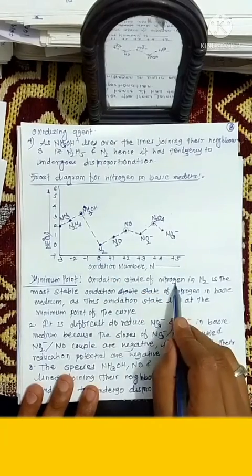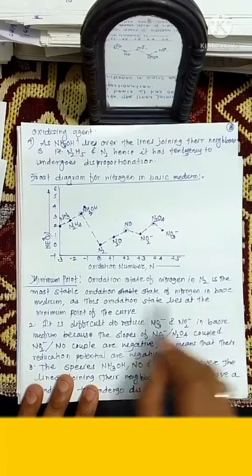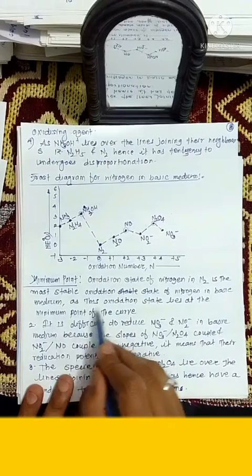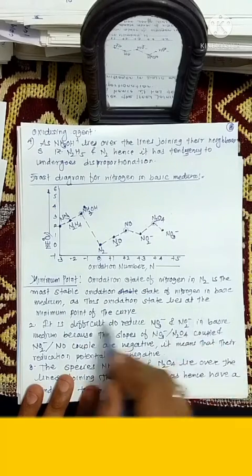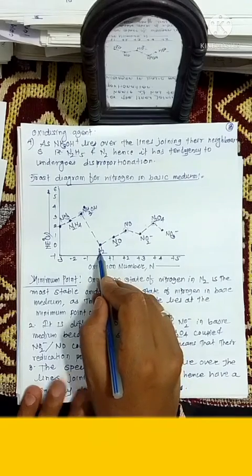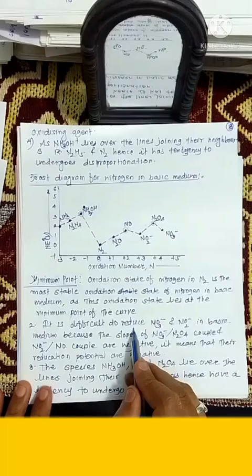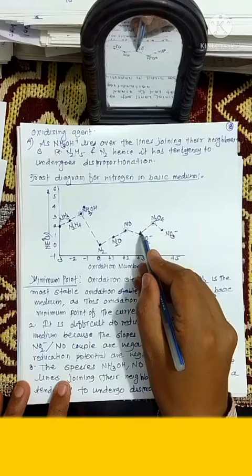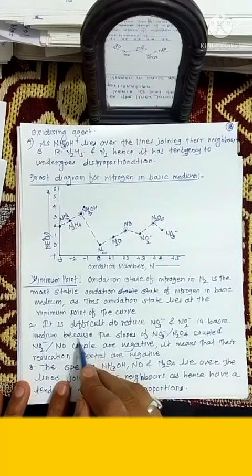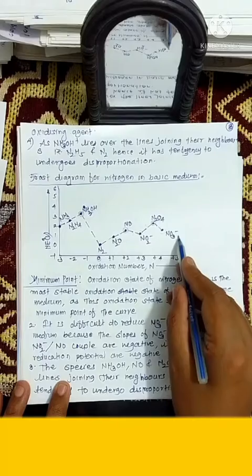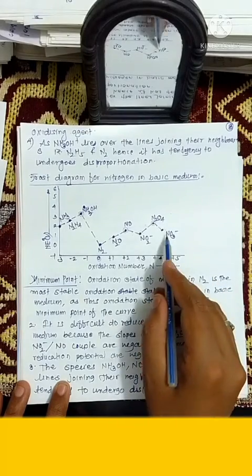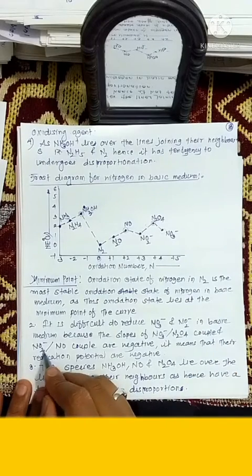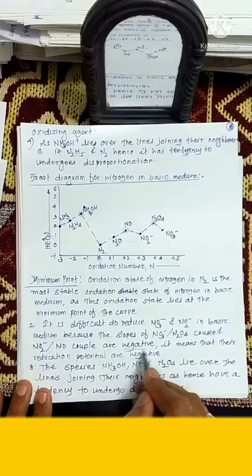So the oxidation state of nitrogen in N2 is the most stable oxidation state of nitrogen in basic medium, as this oxidation state lies at the minimum of the curve. It is difficult to reduce NO3- and NO2-, that is these two species, in a basic medium, because the slopes of the NO3- to N2O4 couple and the NO2- and NO couple are negative.